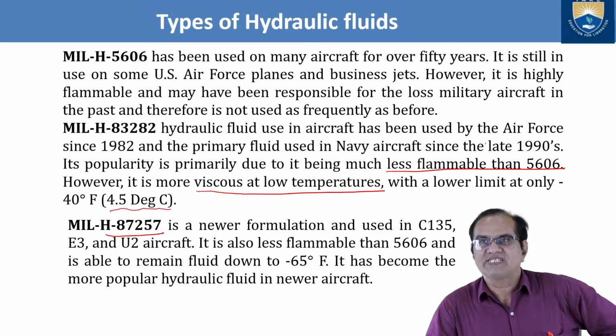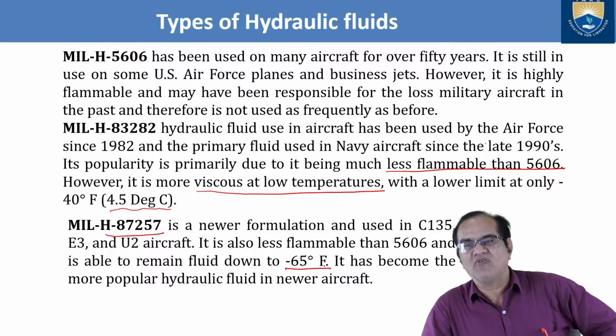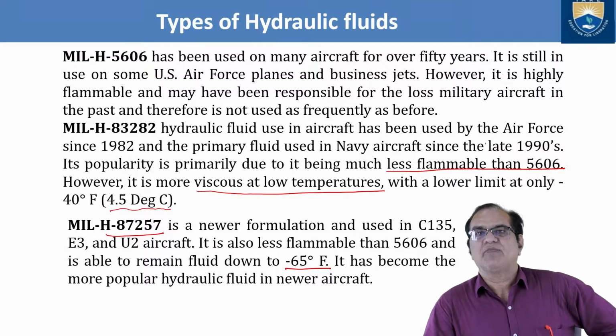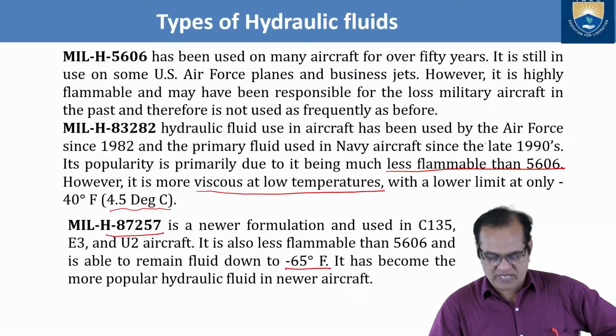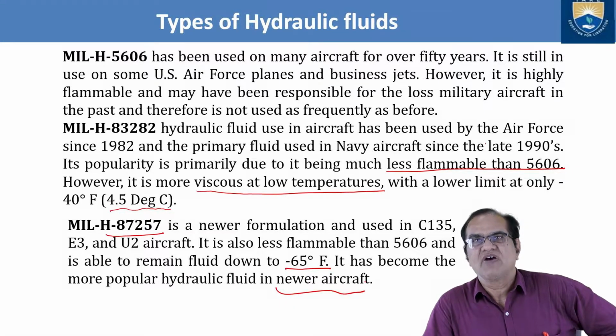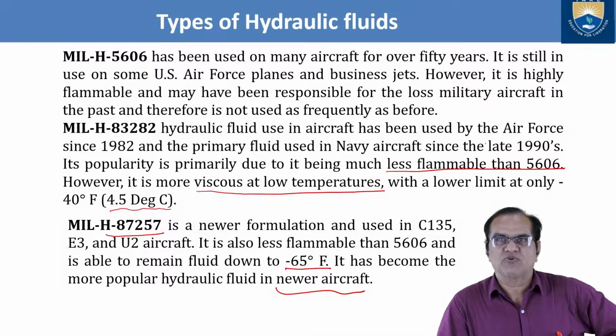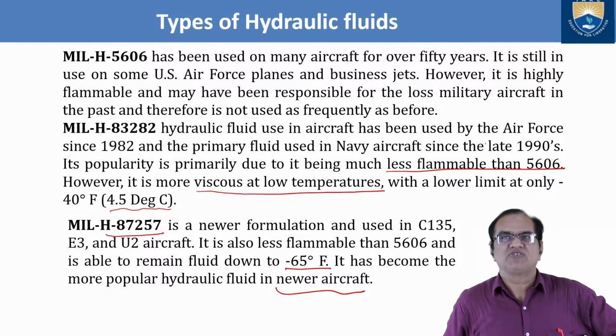It is also less flammable than 5606 and is able to remain fluid down to minus 65 degree Fahrenheit. So up to this temperature, it can work nicely. It has become the more popular hydraulic fluid in modern aircraft. So this military 87257 fluid is used nowadays for modern aircraft.